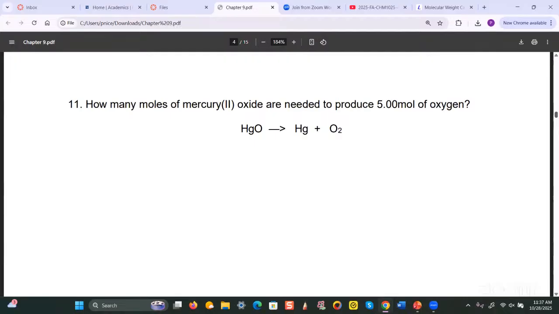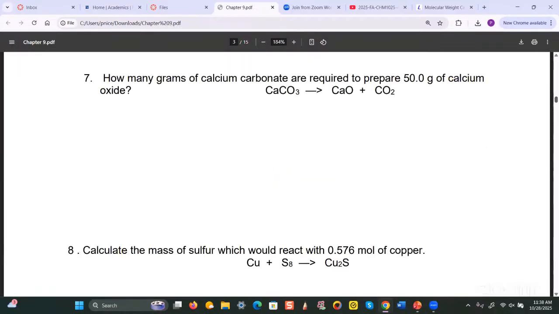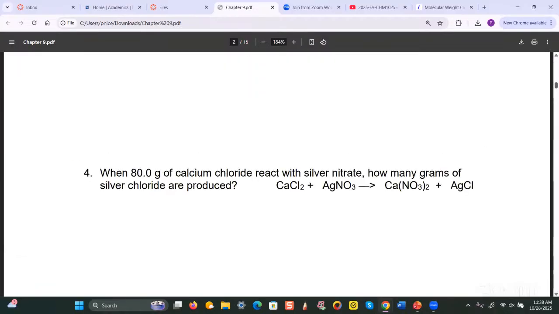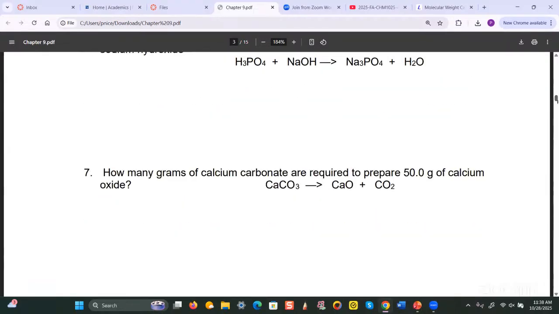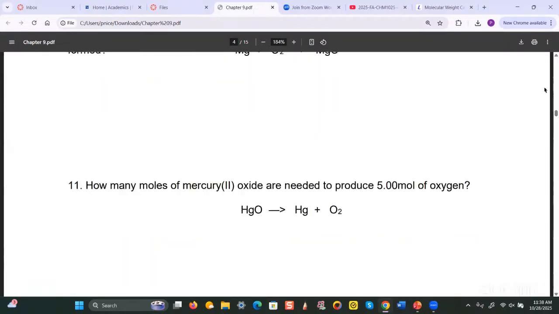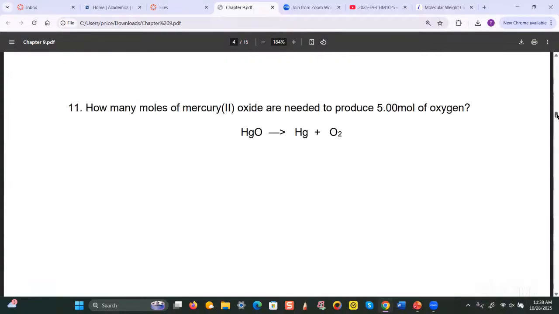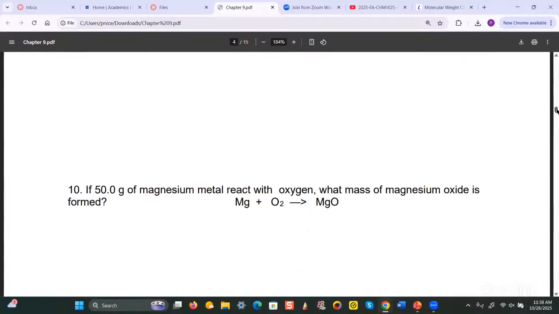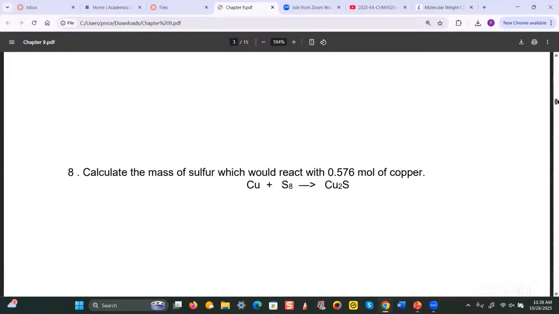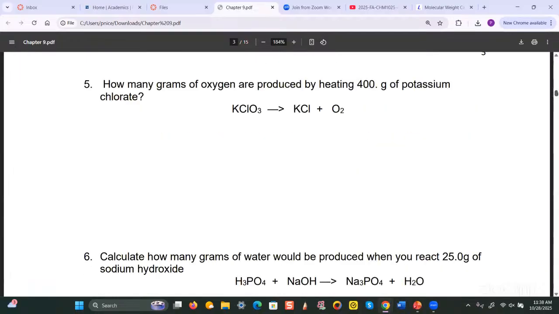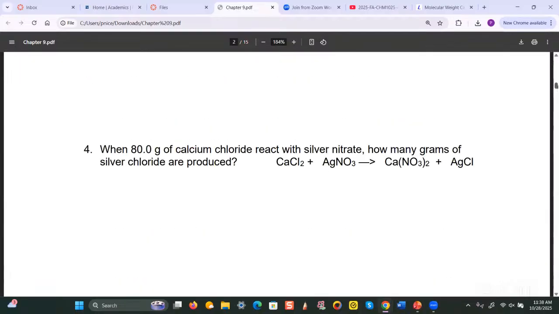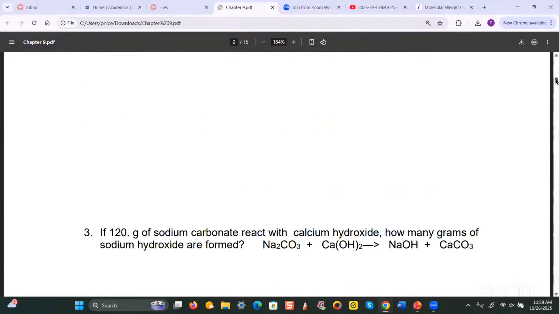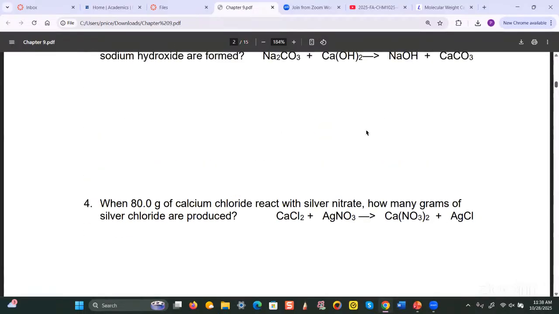So basically questions 3 through, I'm sorry, 3 through 11. Now, some of them, the equations are not balanced, right? So check that first before you actually do the math part of the question, all right? And of course, I'm here to help you if you need any help, all right?